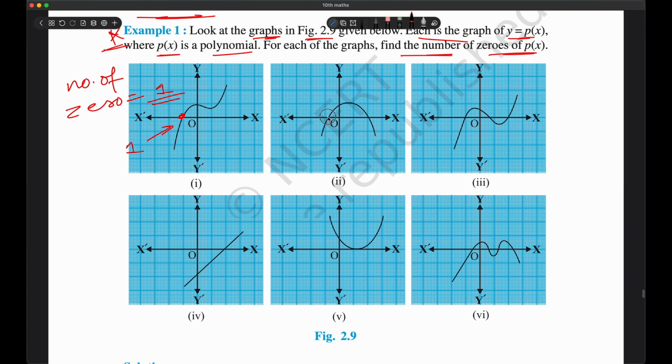For the second graph, it intersects at 2 points on the x-axis, so there are 2 zeros. For the third case, it intersects at 3 different points, so there are 3 zeros.